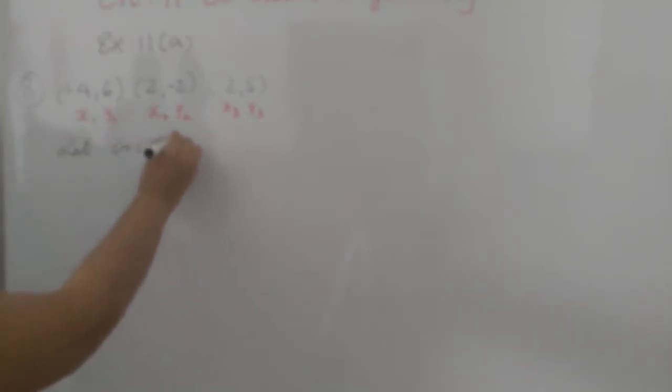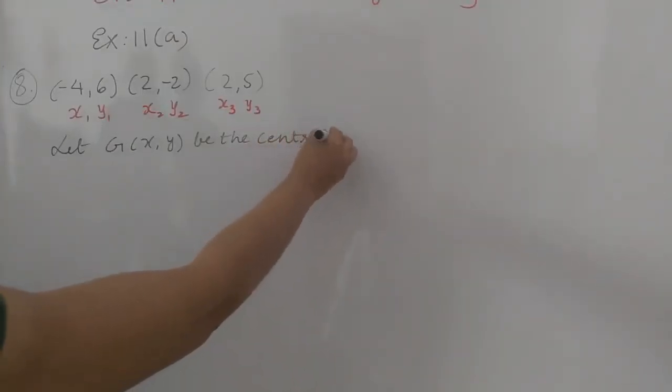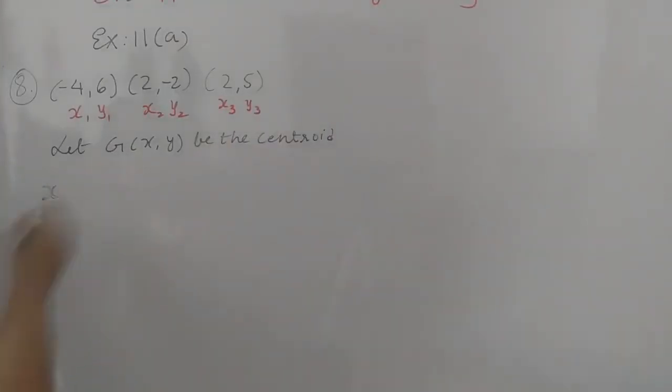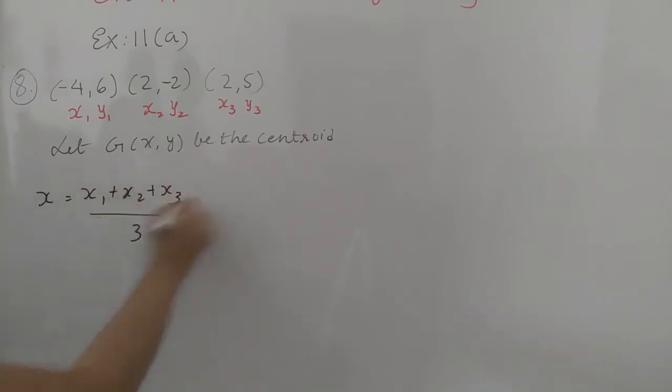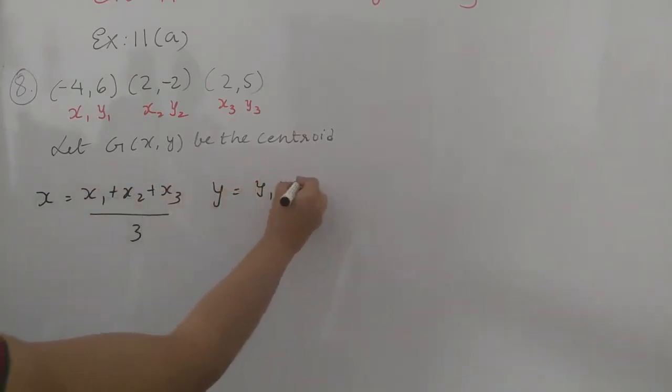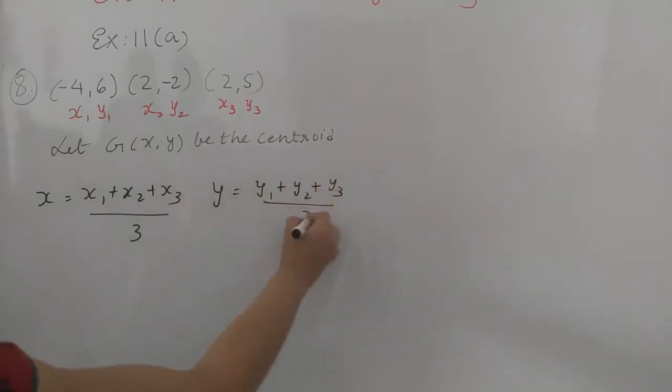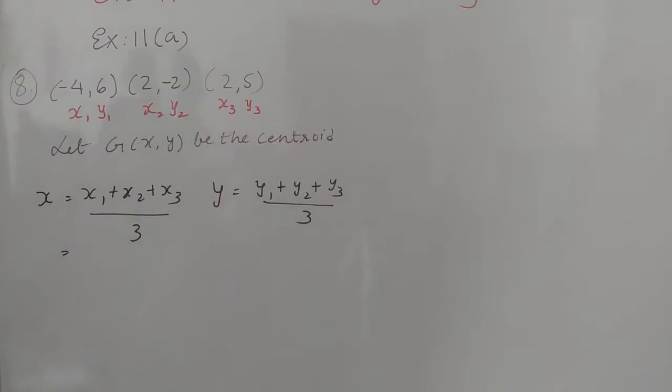Now let us find the x and y coordinates of the centroid. Let G(x, y) be the centroid of the triangle. So x is equal to (x1 + x2 + x3)/3 and y is equal to (y1 + y2 + y3)/3. This is the formula for finding the centroid.